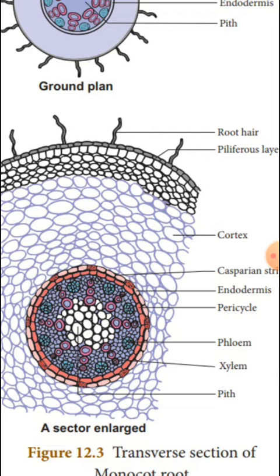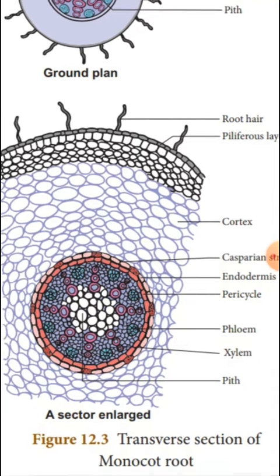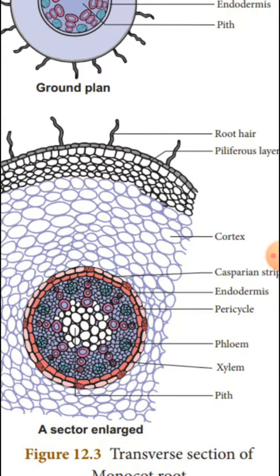This layer contains suberin, which makes the layer impermeable to water. The water can pass only through a special region called Casparian strips.